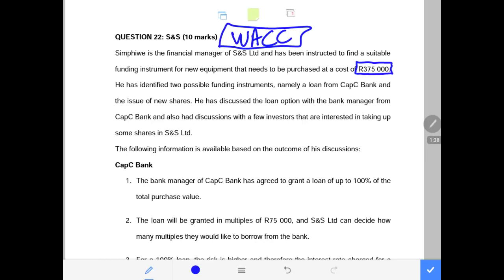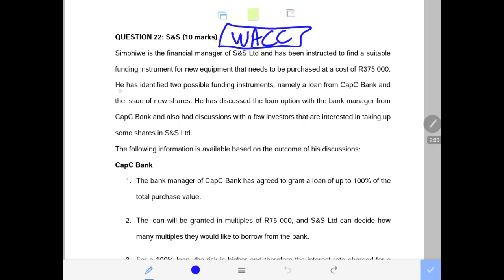This is the equipment that we need to buy, which we need to look for the different sources of fund to make sure that we buy this equipment at the minimum or the best lowest source of fund. It could be the combination when necessary, where you combine different funding instruments, maybe debt, equity, debentures.